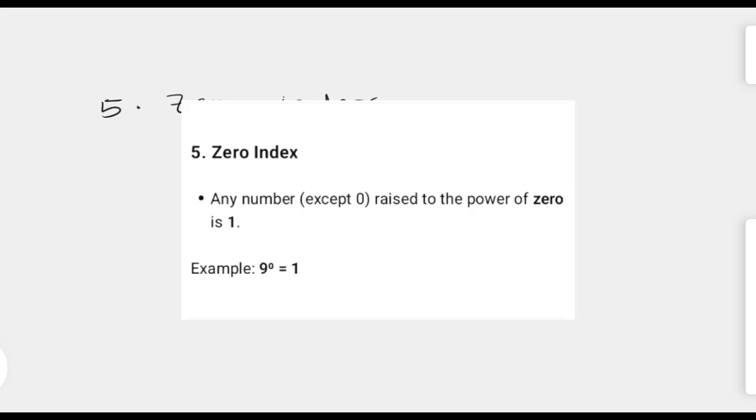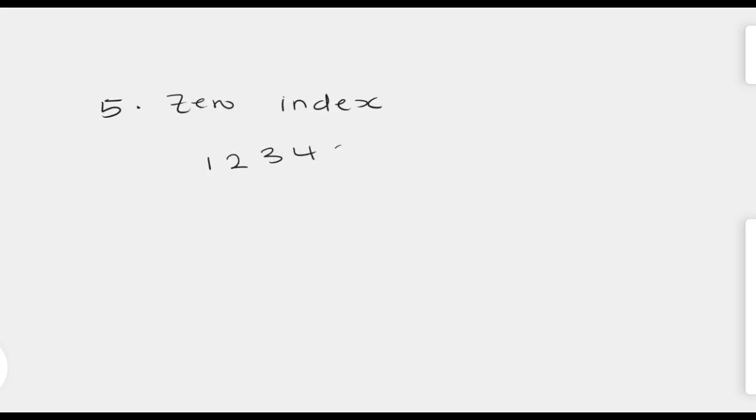Any number, it can be 1, 2, 3, 4, 5, 6, 7, 8, 9, and so on, 10 and the rest. Zero index is any number except 0 that is raised to the power of 0.